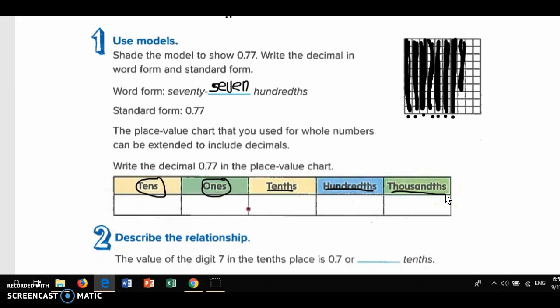Can you see the T, H, S after it? If you see that after a 10, 100, 1,000 or any of those, you know that it is a decimal and you know it is less than 1. It has to be a fraction.